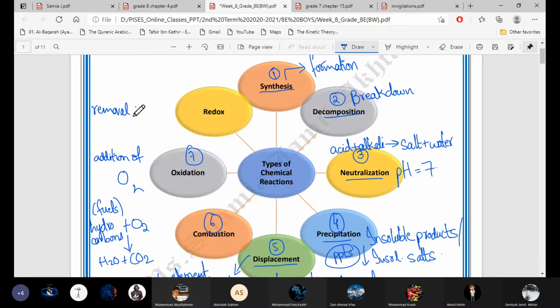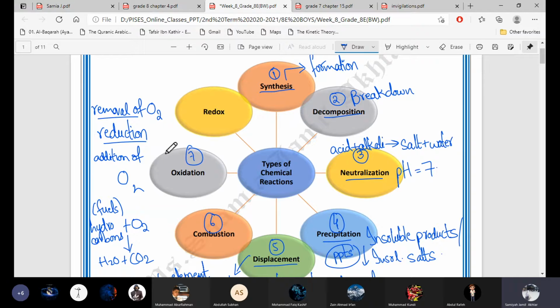Removal of oxygen, very good. Removal of oxygen is reduction. So the seventh type is oxidation and reduction both. Oxidation is addition of oxygen and reduction is removal of oxygen. Actually, oxidation and reduction have three definitions: number one in terms of oxygen, number two in terms of hydrogen, and number three in terms of electrons.